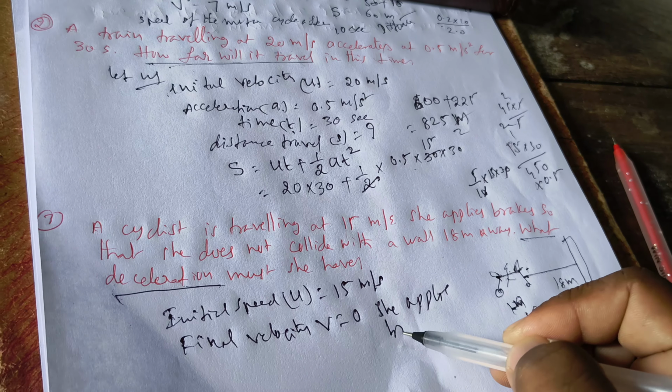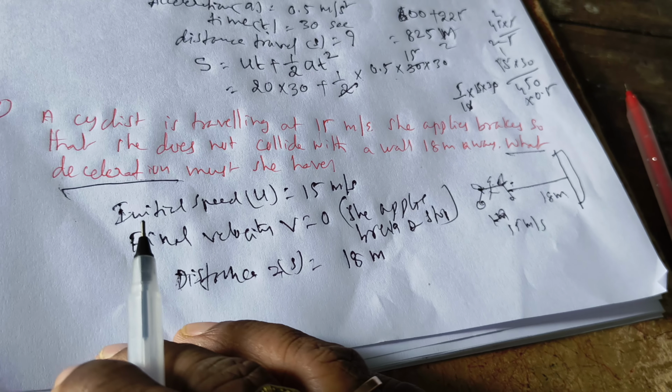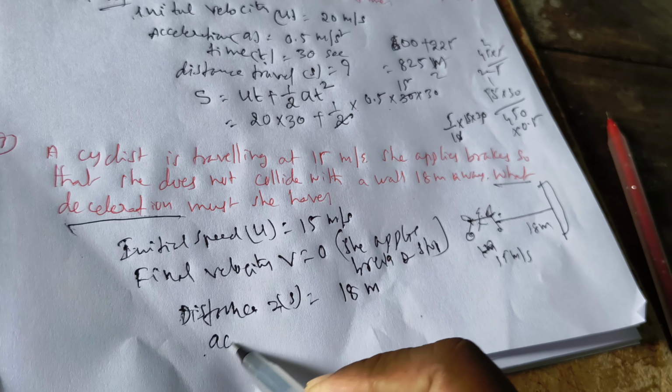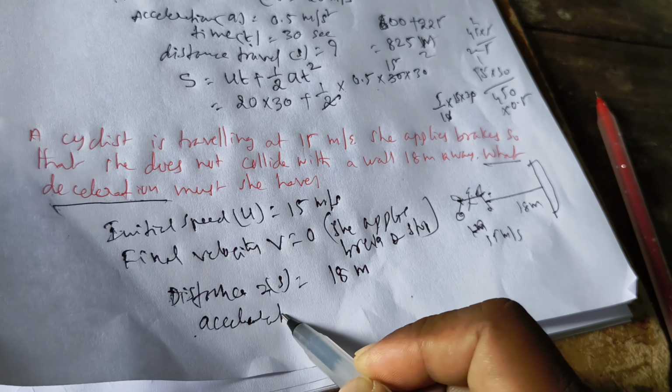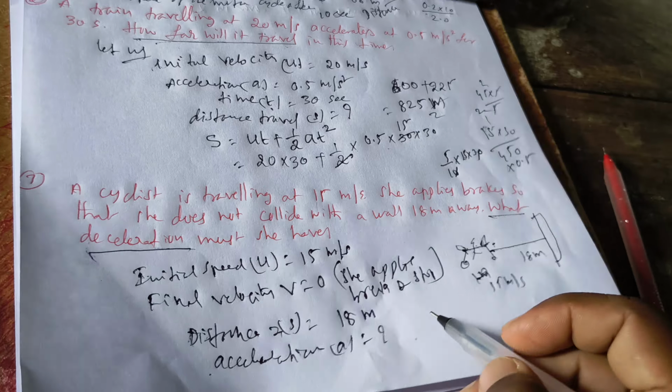Then we need to know at what distance she stopped her cycle. So 18 meters distance or displacement s is equal to 18 meters. So 18 meters away she applied the brakes, so the cyclist stopped. Then calculate the acceleration a equal to. So which formula?